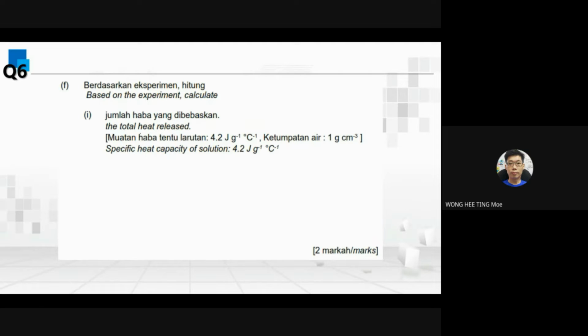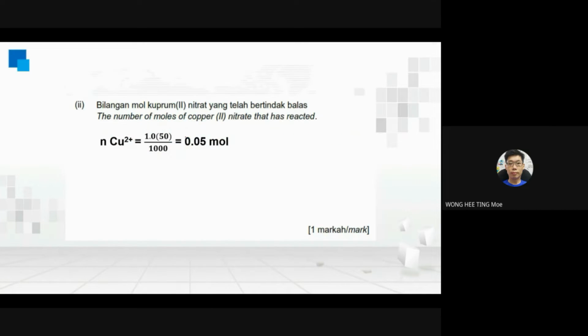This one is the total heat release, only the Q. So what is your answer? 840 joule, correct. Now the number of mole, MV over 1000, so you get 0.05 mole.